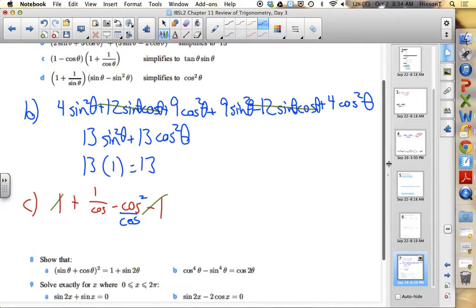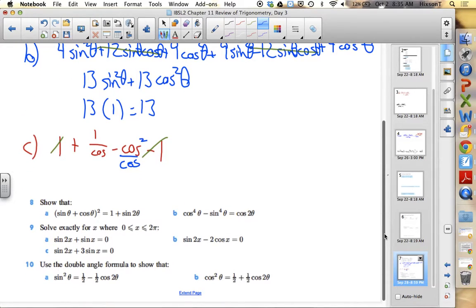But I noticed that I only want one term. I've got two, so the only way I can put those together is to get a common denominator and add them. Alright, so now I have 1 minus cosine squared over cosine.